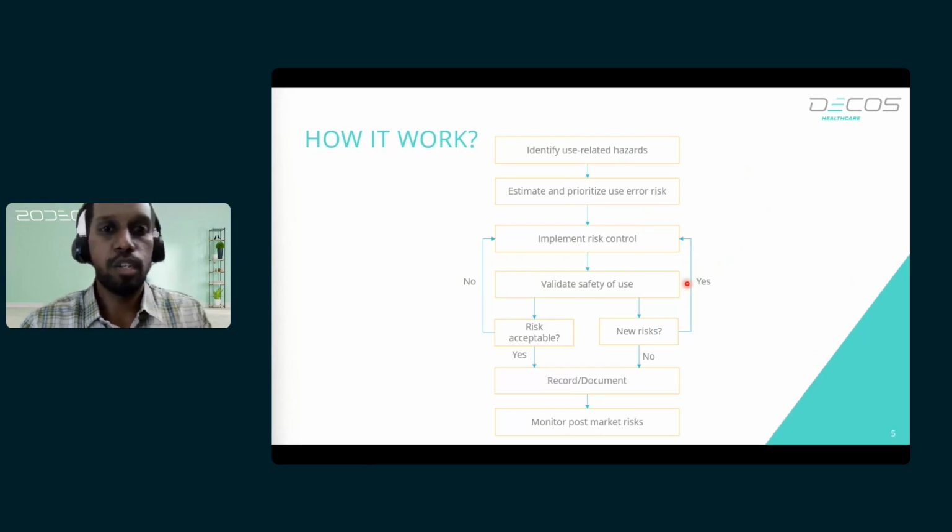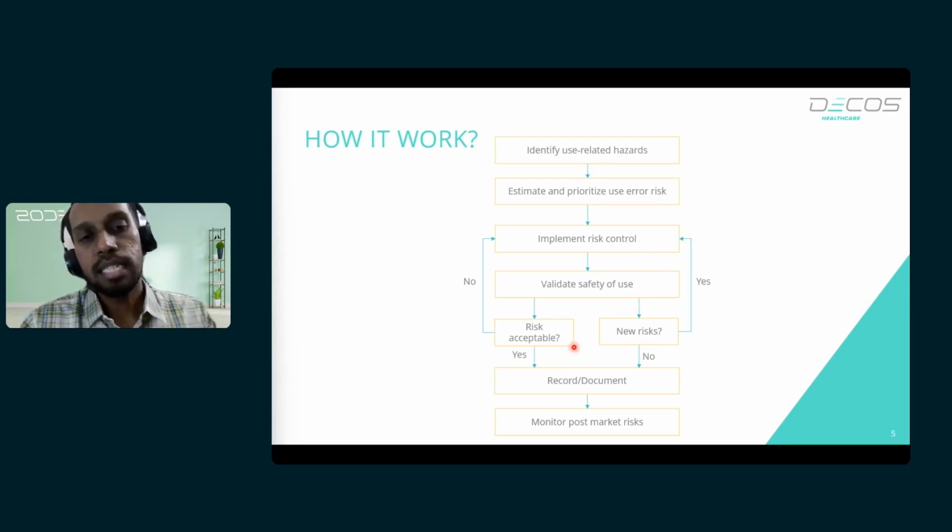I need to identify whether the risk that has been generated is acceptable or not. Or, suppose for the identified solution, new risks have been identified. Then I need to go back again and put forth multiple implementations of risk control measures and then go forward again.